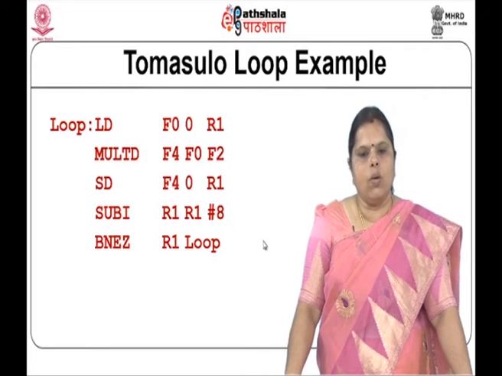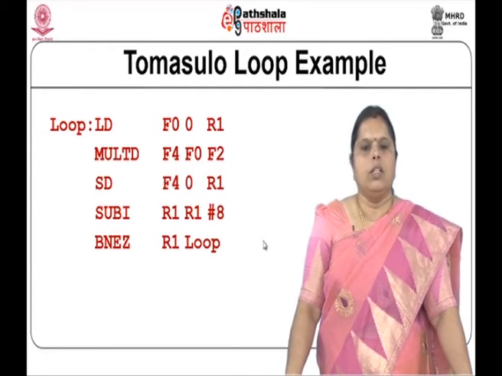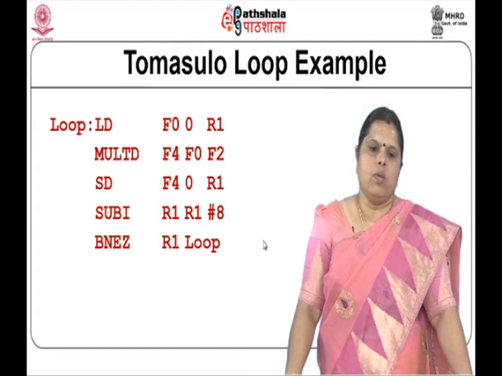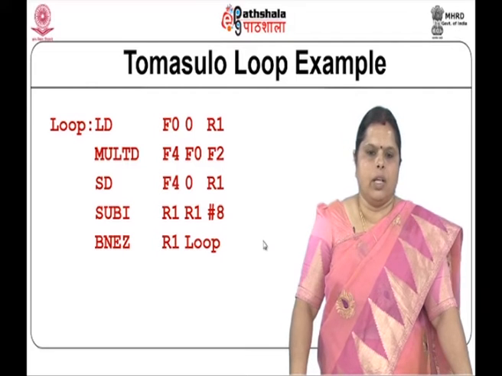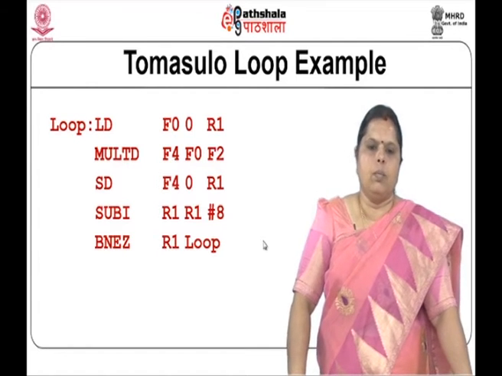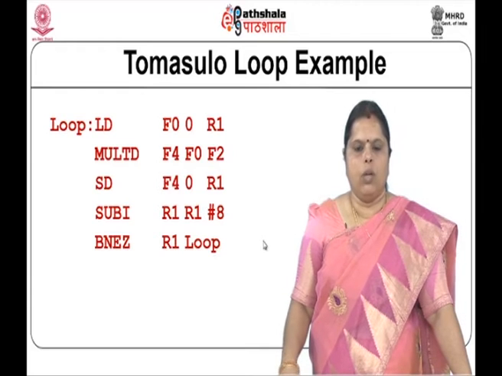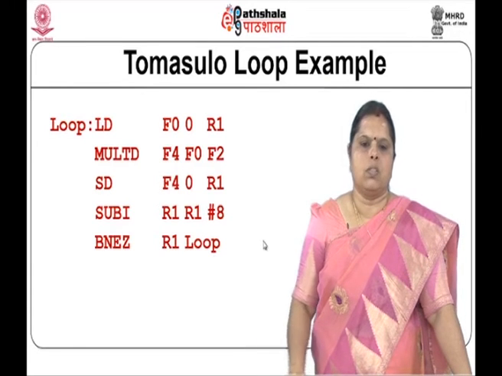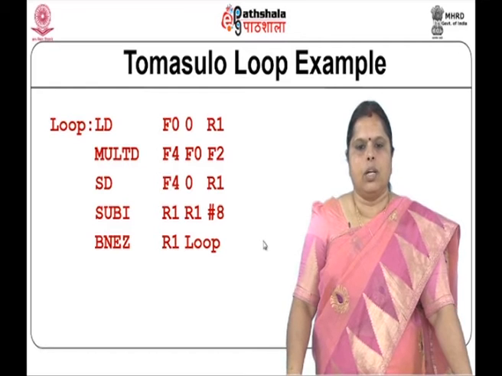So, depending on what value has been loaded into R1, the loop will get executed that many times. Suppose you have loaded a value of 80 into your R1 register initially, then the loop will get executed 10 times. It will get decremented by 8 every time. We are looking at a value of 8 here because we are assuming it is 64-bit data for the MIPS architecture. So, the loop will get executed 10 times if you have loaded a value of 80.